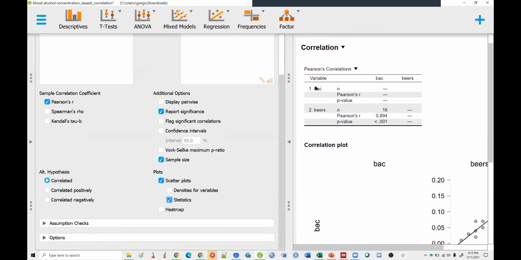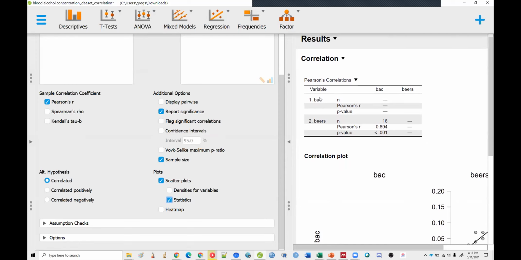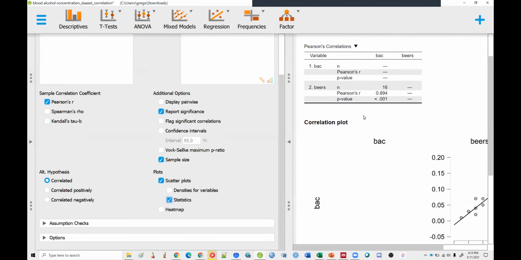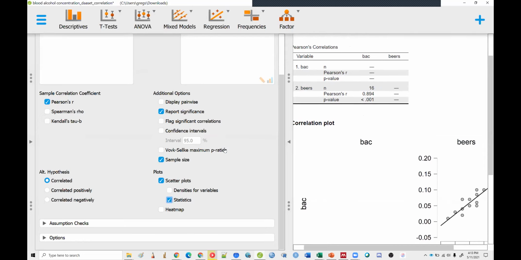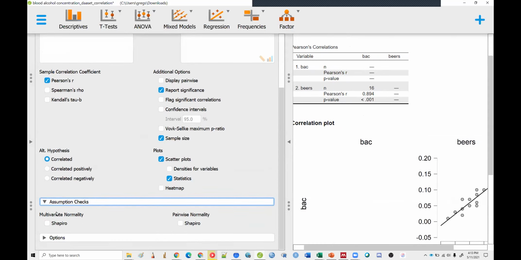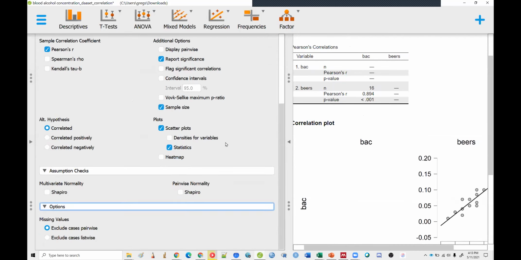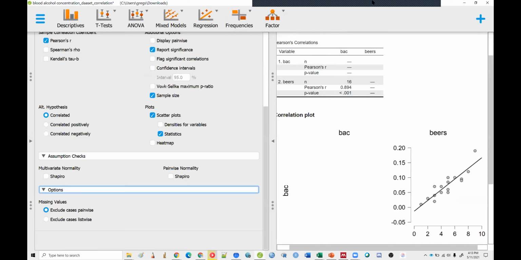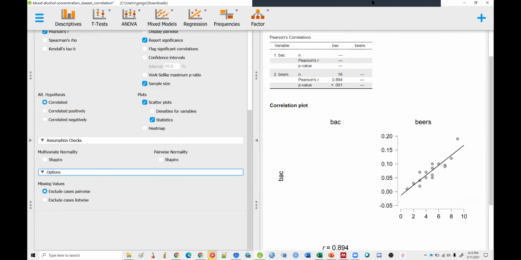It's going to give you the variables presented like this, where blood alcohol concentration and beers is kind of confusing how it shows it here. Let me just move this to the side. Hold on, JASP is being banned.